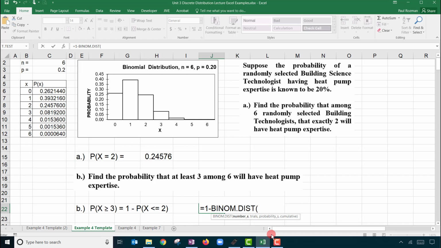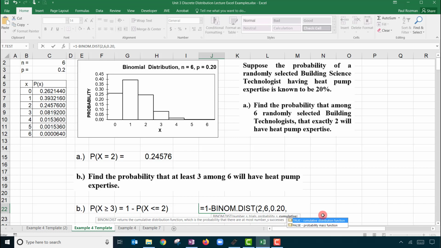And this time I want not just 2, I want 2, 1, or 0. And that's what that cumulative business is all about. So I'm going to say I want 2 successes or less out of 6 trials when there's a 20% chance of success.